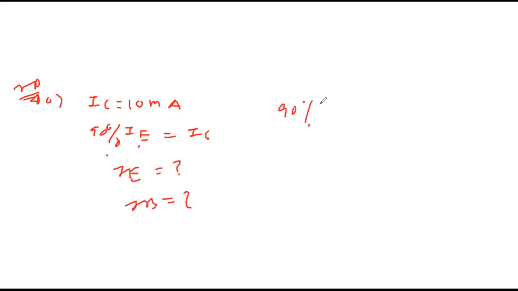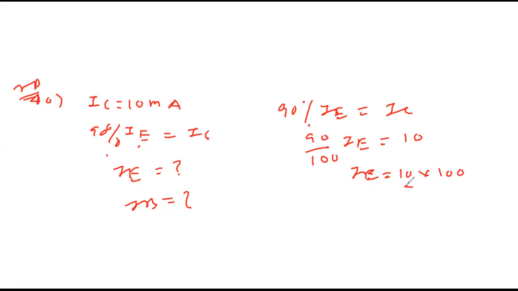See, 90% of IE equals IC. So 90 upon 100 of IE equals 10 milliampere. So IE will become 10 into 100 upon 90. IE will become 100 upon 9, that is 11.11.